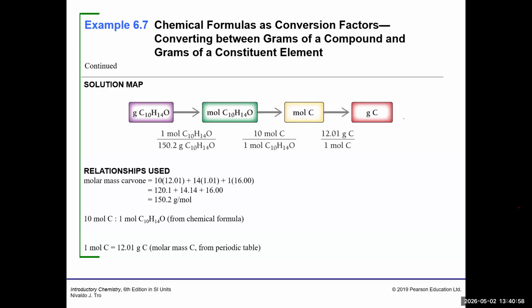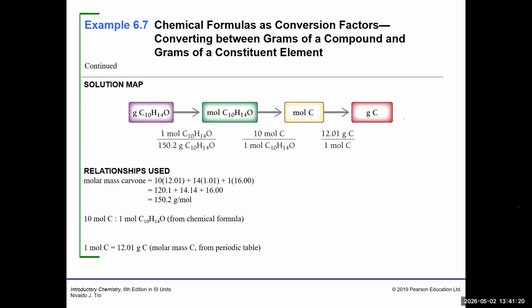All right. So the molar mass: we have 10 times the carbon, which is 12.01, and now we have 120.1. Then hydrogen is just 1.01 atomic mass, multiplied by how many of them?